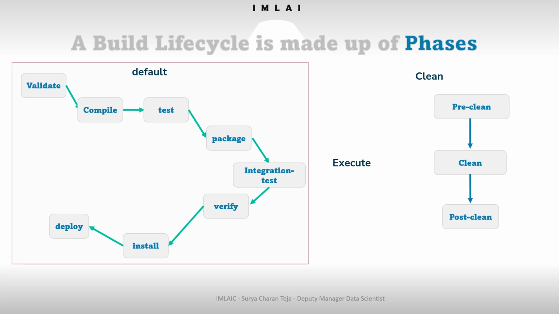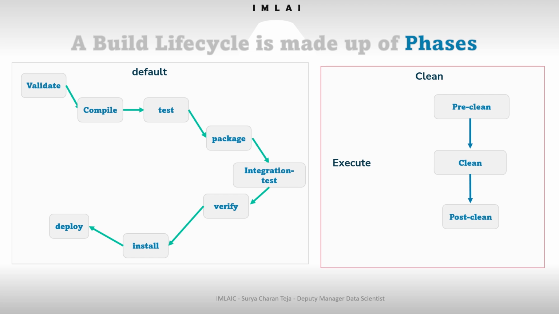Then we have one more life cycle to be seen, that is clean. So the build life cycle of the clean phase. This clean phase is used to clean up the project and make it ready for a fresh compile and deployment.